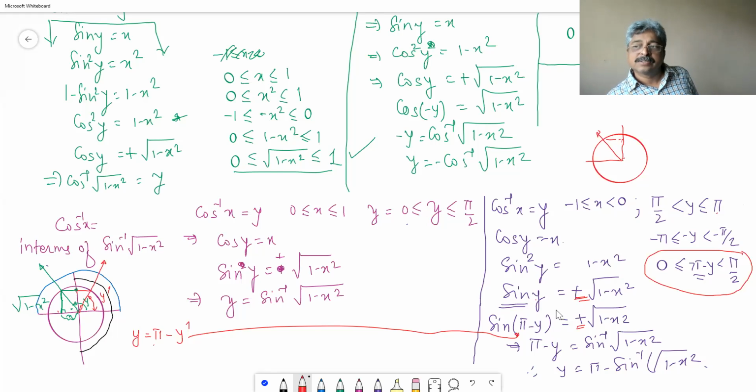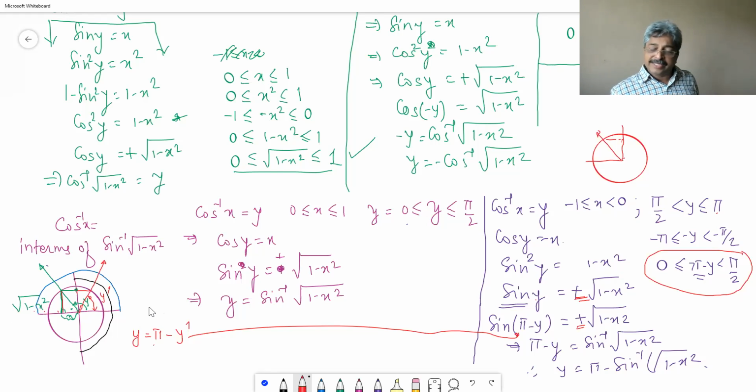Sir, how did the conditions on y come, can you tell me once again? Which ones? The ones I just stated, that the angle y is between pi by 2 to pi. That means this is going to be your terminal ray. Okay, so you want this angle y back. However, if you take sine inverse of this quantity, which is radical 1 minus x square, you will be thrown in the first quadrant, because the landing of sine inverse is between minus pi by 2 to pi by 2.